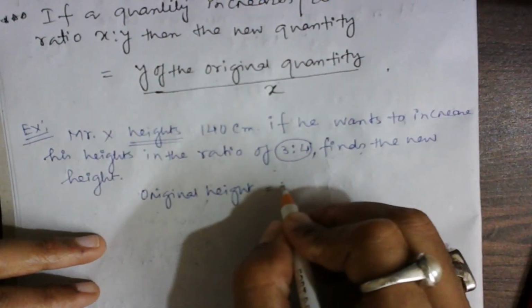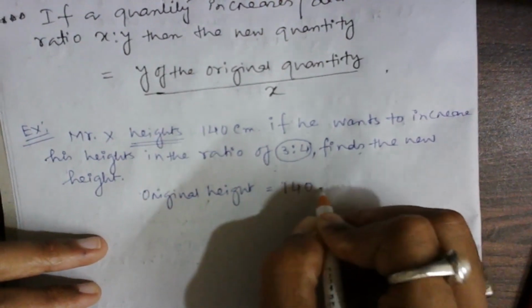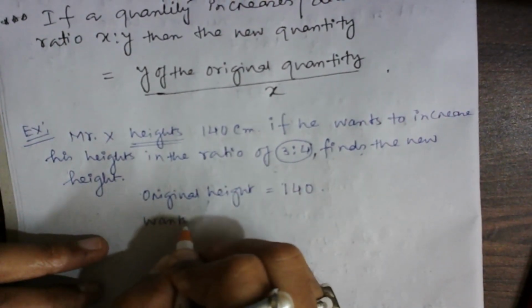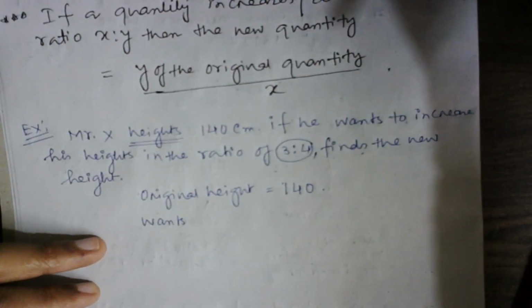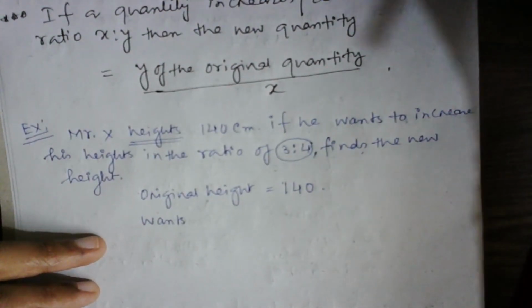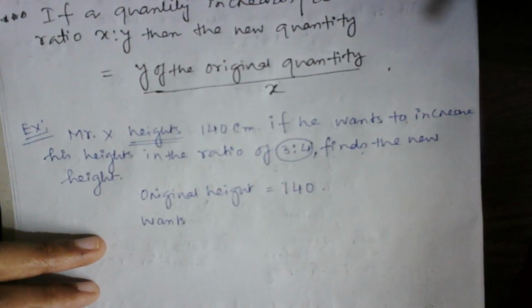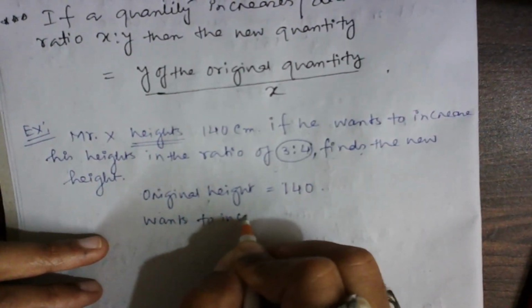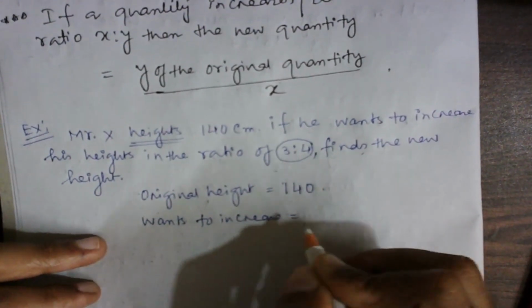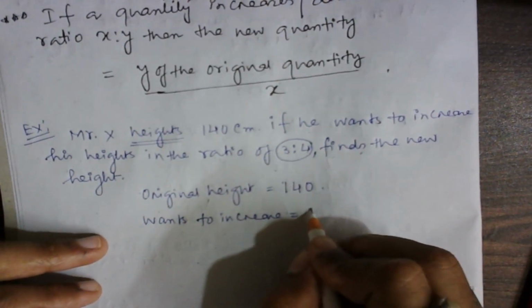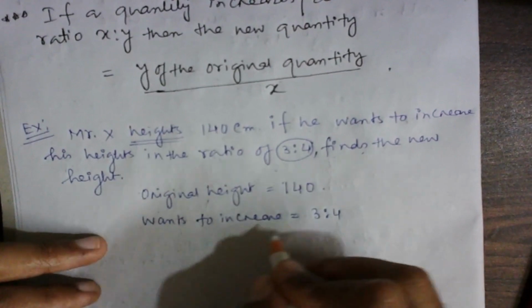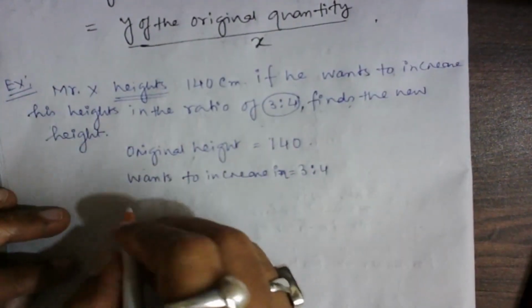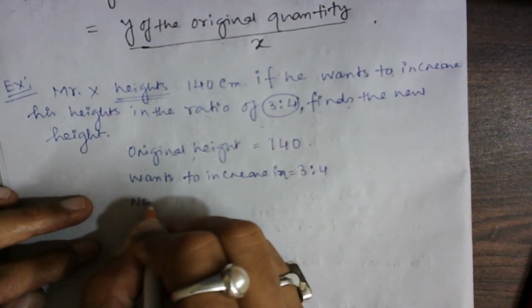He wants to increase it by how much? 3:4. Please write it as the 3:4 ratio. So what will be the new height?